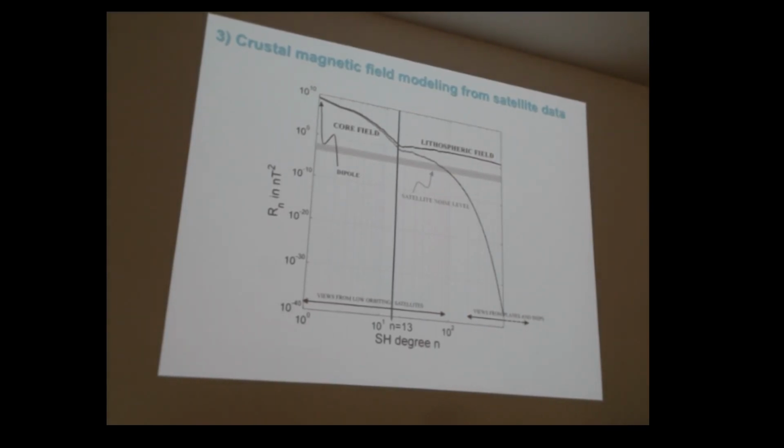So there are regions where some work very well and some did not. So this would be the spectral gap. We are missing information in a spatial range from 100 to, let's say, 300 kilometers.